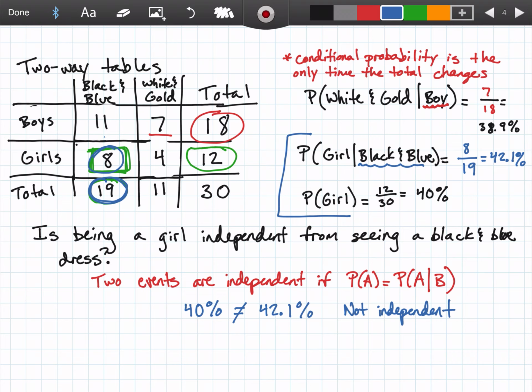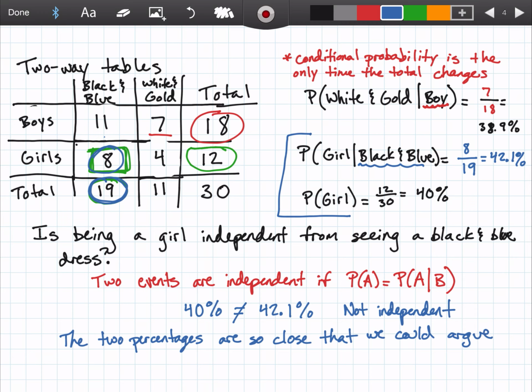But also, these two percentages are so similar that we could argue that the two events are independent.